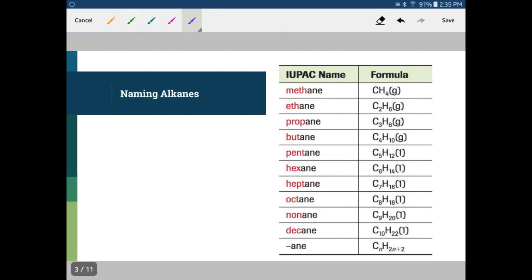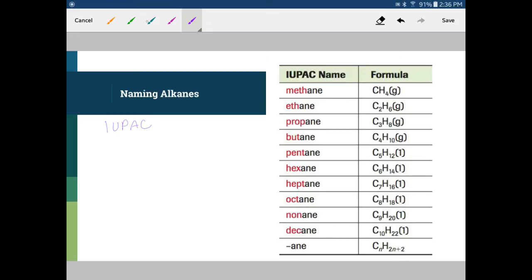So, naming alkanes. Throughout chemistry, from Science 10 all the way to here in Chemistry 30, we've had different naming systems and naming schemes, and that's all from IUPAC, the International Union of Pure and Applied Chemistry, which comes up with these naming systems for different compounds. Our organic naming system is slightly different.